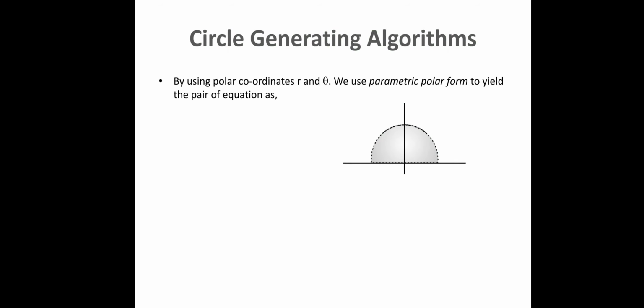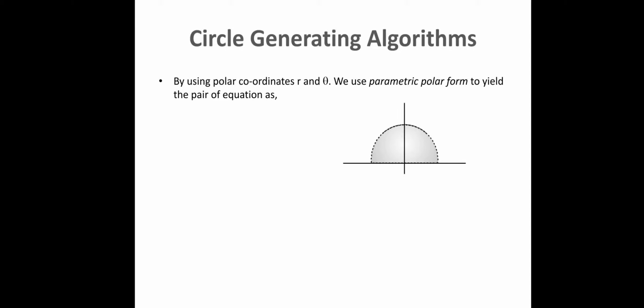The next thing, in a line we have seen that a line has the equation (y minus y1) divided by (x minus x1) is equal to (y2 minus y1) divided by (x2 minus x1). This is the basic equation of a line. Again we have a line equation in slope intercept form, that is y is equal to mx plus b, right?